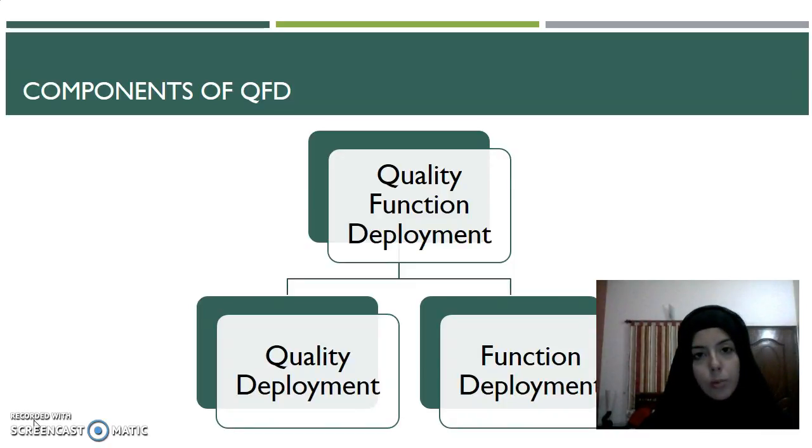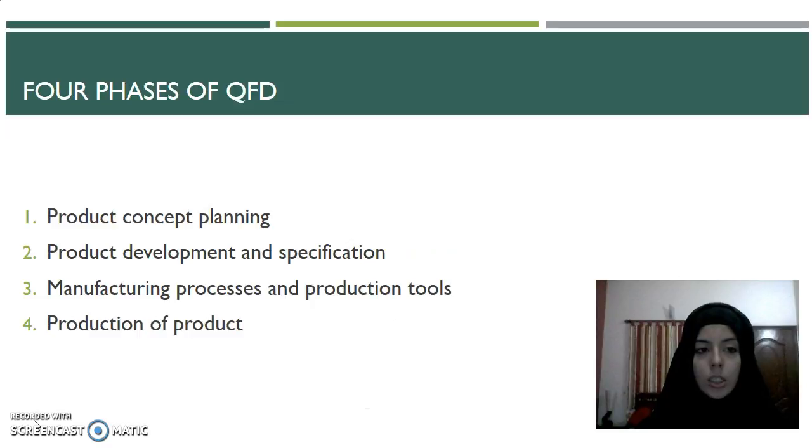And there's the function deployment component that makes sure that the requirements that the customers have are matched with what the product can actually provide. How the functions and units and the component and the capabilities of the form of the product can meet what the customer wants.